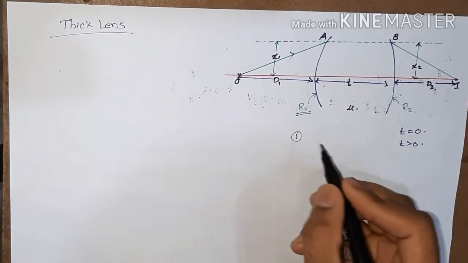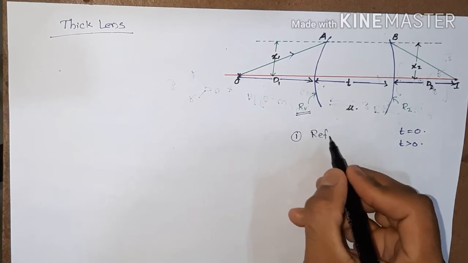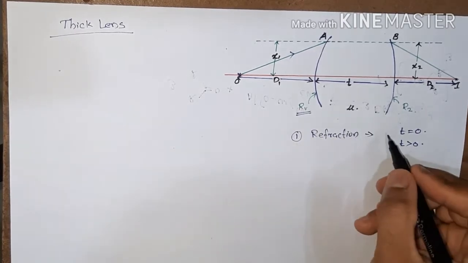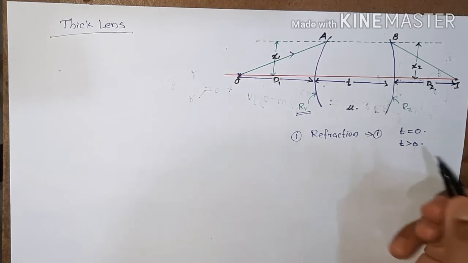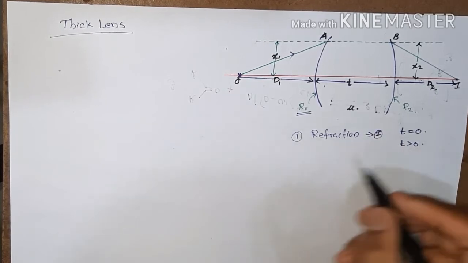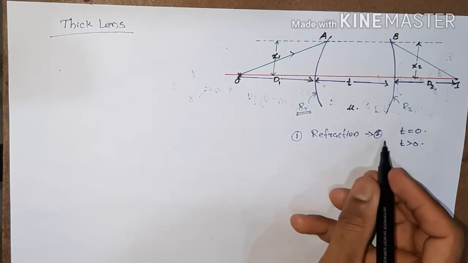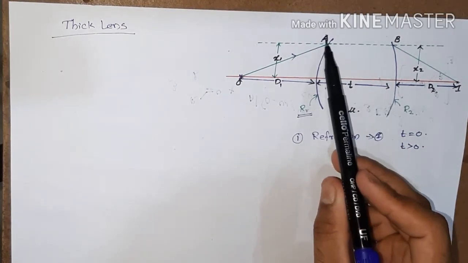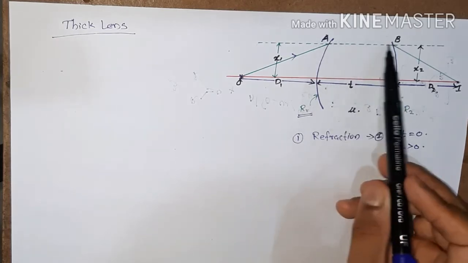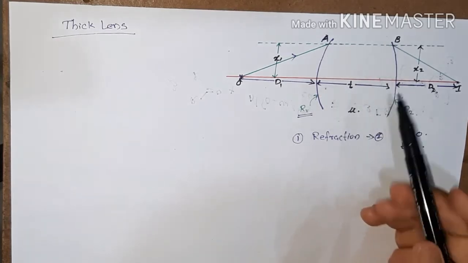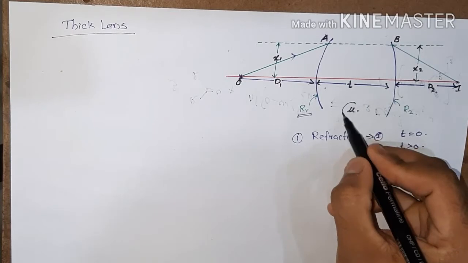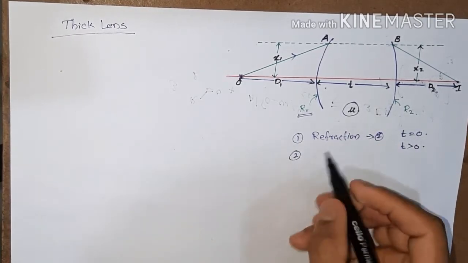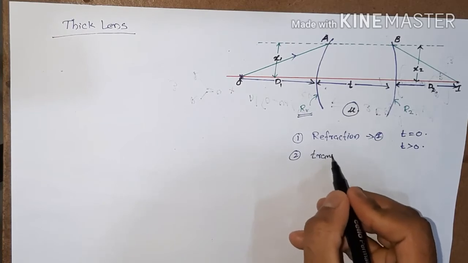So the first process is refraction at surface 1. Then the light ray undergoes a translation from A to B inside this thick lens, and I am denoting the refractive index of this thick lens as mu. So the second process is translation from A to B.